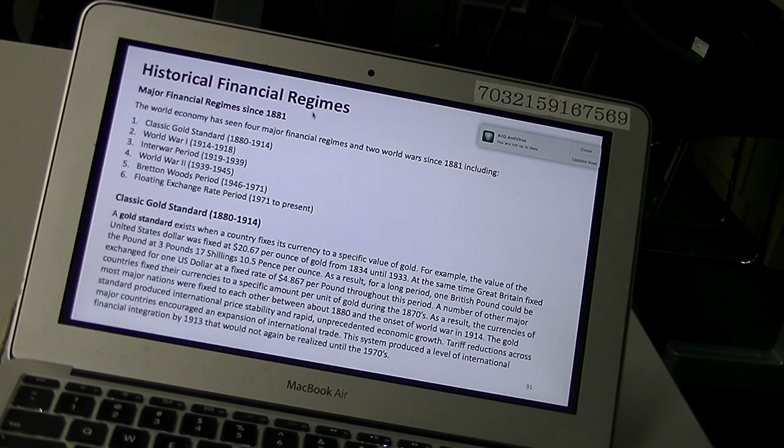Whether you're a supporter or you're opposed to Mr. Trump being president, the fact is that these imbalances that are created by the floating exchange rate are to some degree creating this political upheaval that we're seeing in the world.